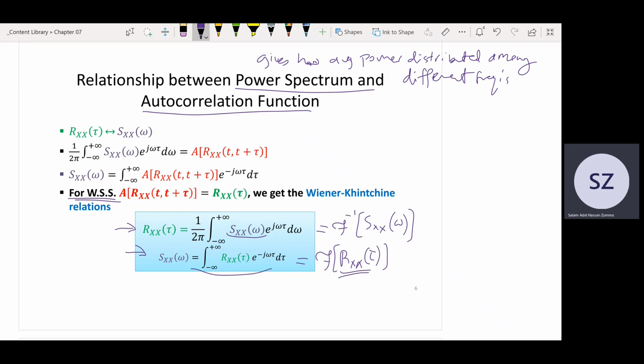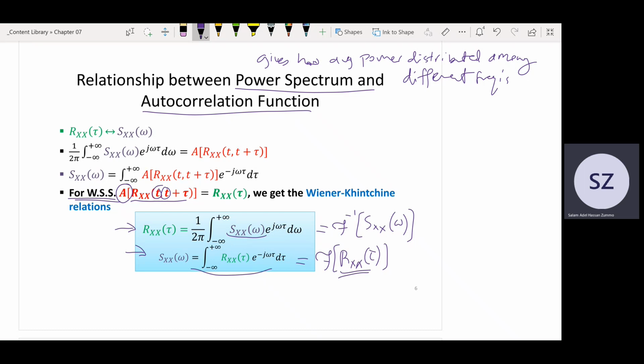Now let's talk about non-wide-sense stationary processes. If we don't have a stationary process, then the autocorrelation function depends on time. It will not be independent of time as it is for the stationary case. So what we can do is take the time average.